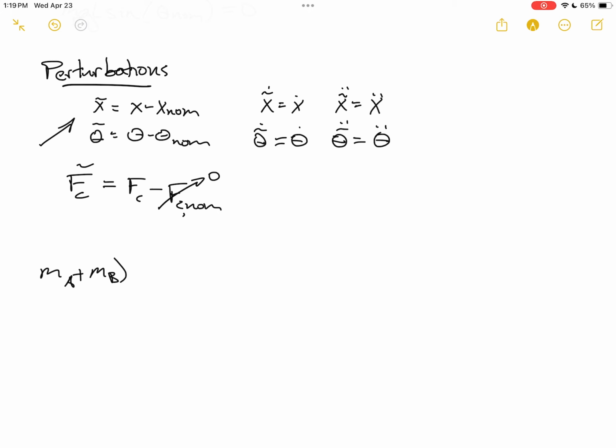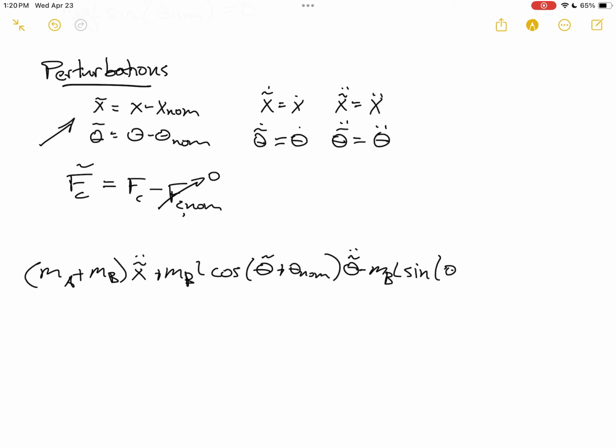MA plus MB times x tilde double dot plus MB L cosine theta, where theta is equal to theta tilde plus theta nominal, and that's multiplied by theta tilde double dot, minus MB L sine theta, where theta is equal to theta tilde plus theta nominal, times theta tilde dot squared equals FC tilde.